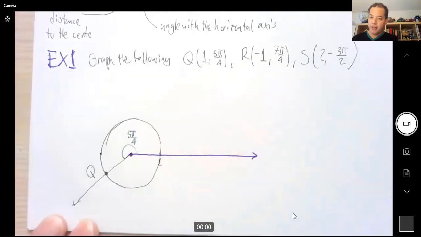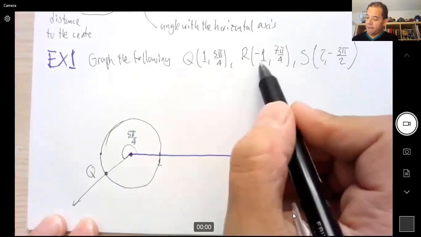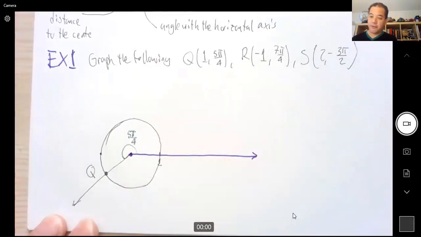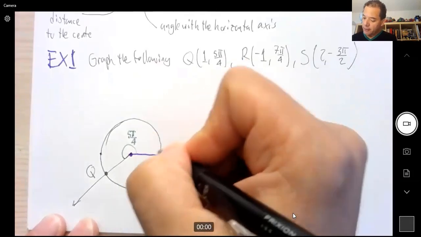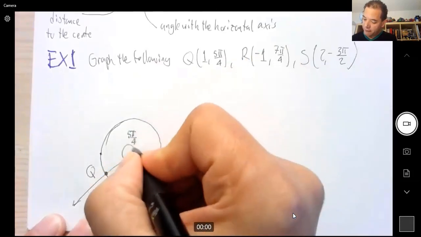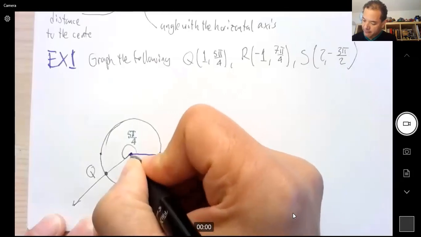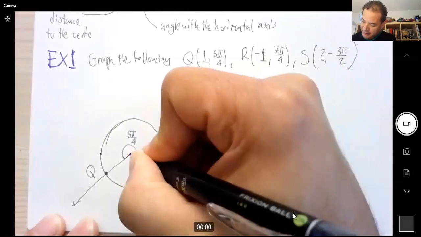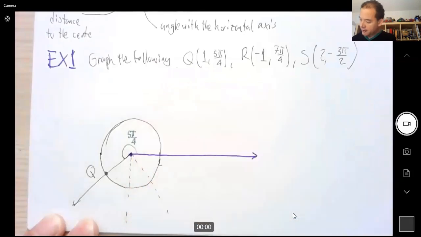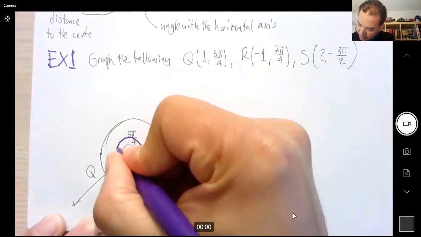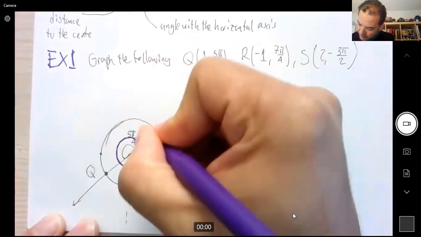Or you could do it as if it was a positive one and then switch directions, all right? So 7 pi over 4, it goes like this. So this is 5 pi over 4, 6 pi over 4 will be right here. And then 7 pi over 4 is right here. So let me mark it here. This is the angle, 7 pi over 4.